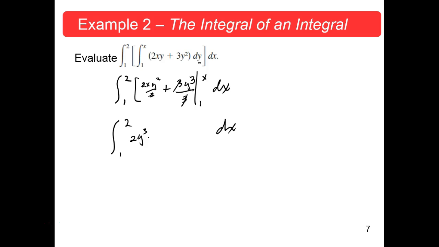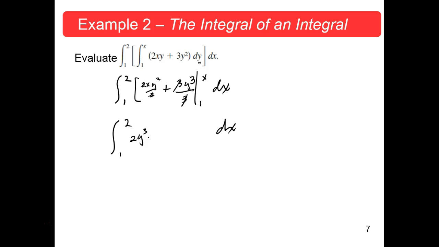When you plug in an x, this gives you x, because that x is a constant. Don't worry about it. And for y, because that's what you're integrating, you put y equal to x. So it'd be x times x squared.